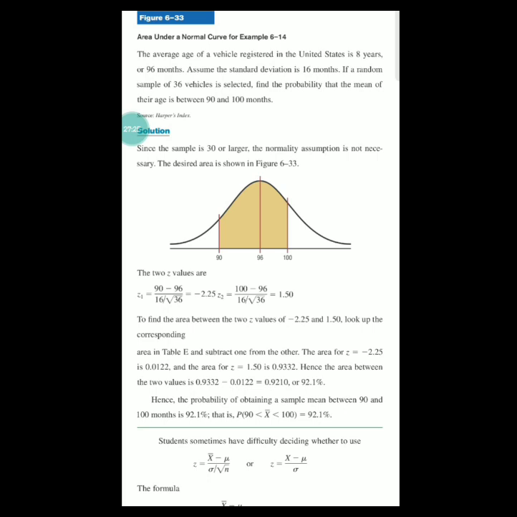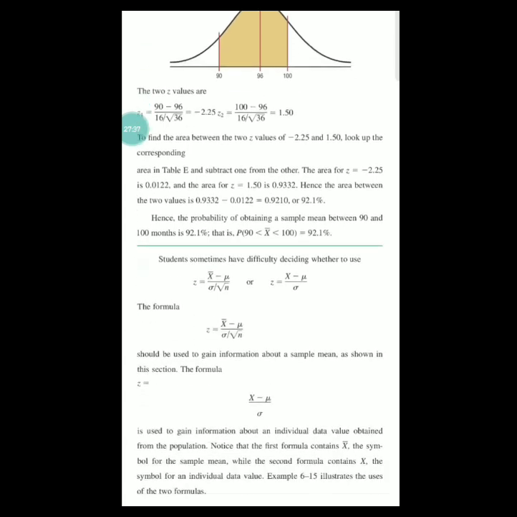Alright, that is P(90 < X̄ < 100) = 92.1%.